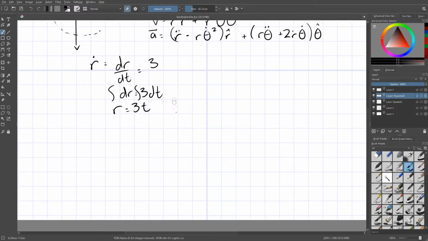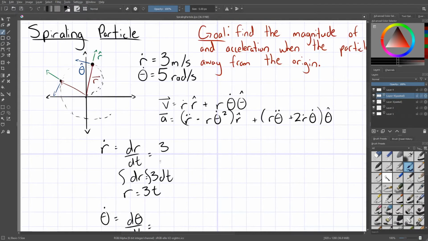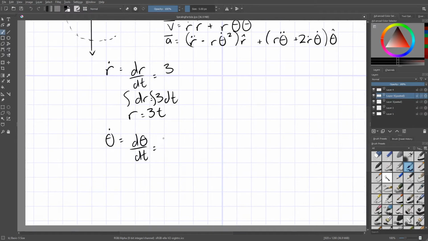So I'm just going to erase that. For the theta dot, we can do the same thing. Let's go ahead and write it again. d theta over dt equals 5. So d theta equals 5 dt, integrate, theta equals 5t. And again, plus c, but we're just starting at our origin.